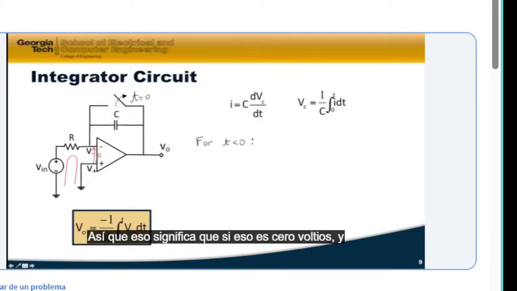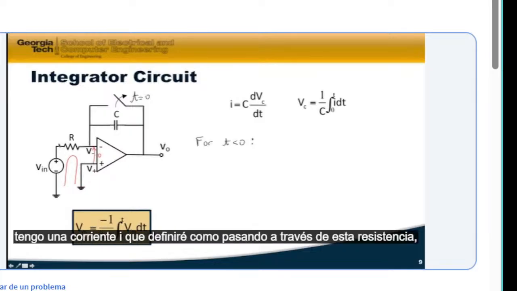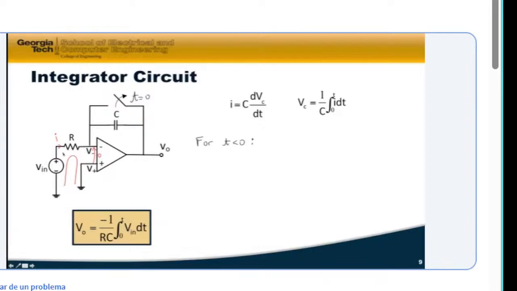So that means if that's 0 volts, and I've got a current I that we'll define as going through this resistor, that voltage across this resistor has to equal Vn. So Vn is equal to I times R.